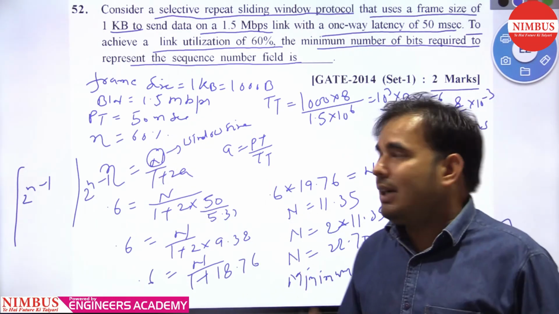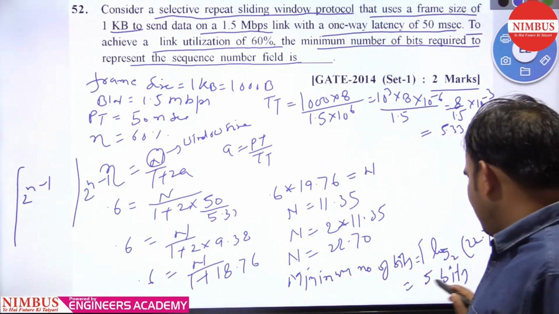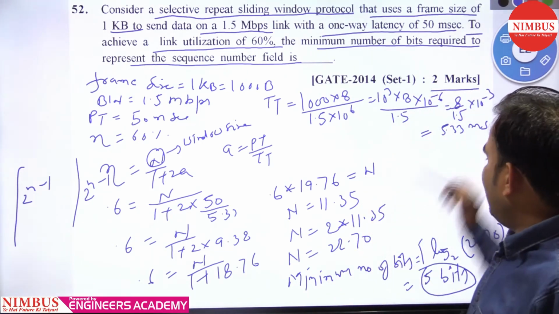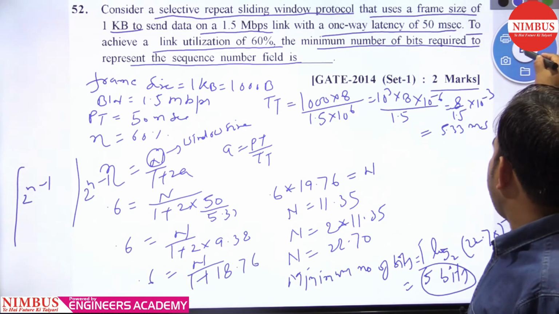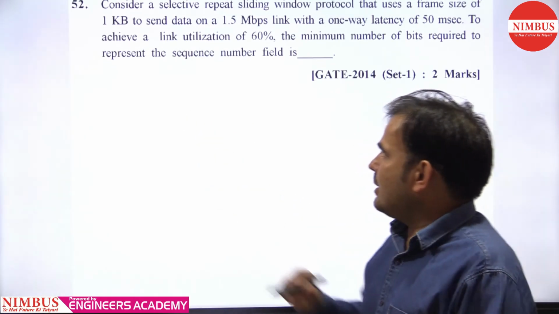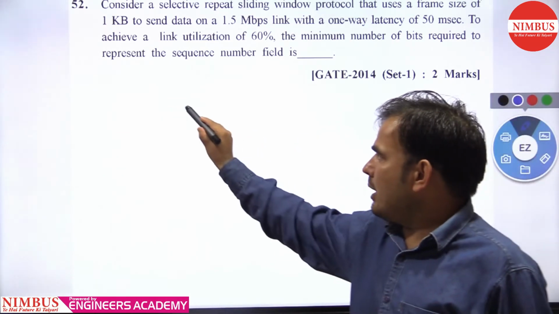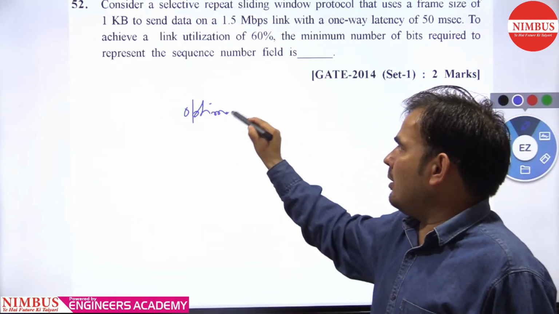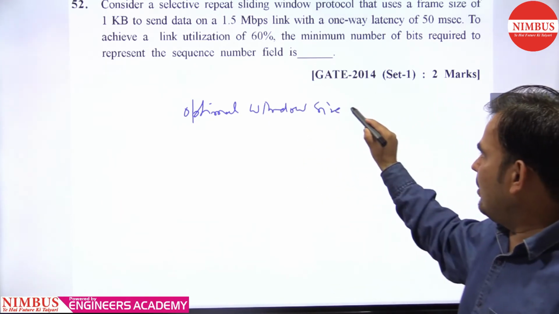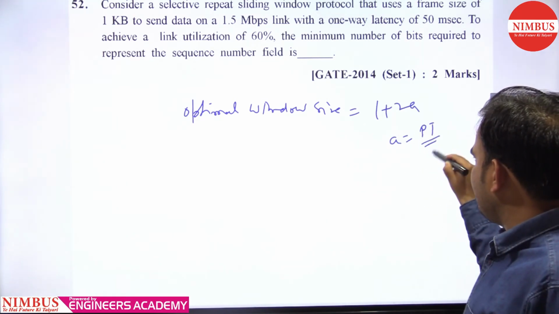The first way gave us 5 bits. The other way, as I told you in previous questions, is how you can calculate the optimal window size of the sender if you are not going to use the efficiency: 1 plus 2a, where a equals propagation time upon transmission time.